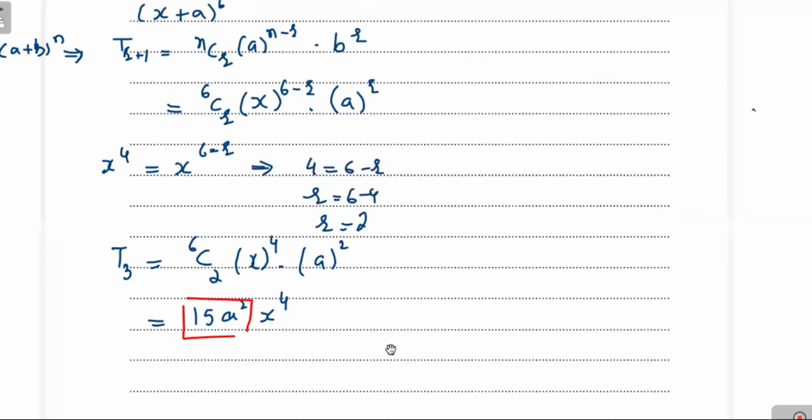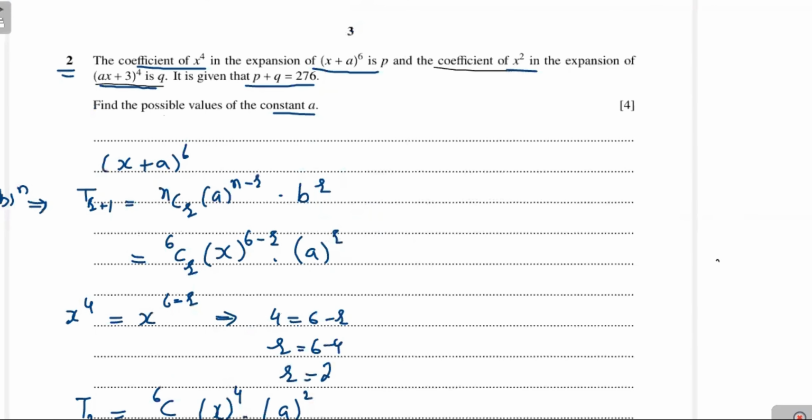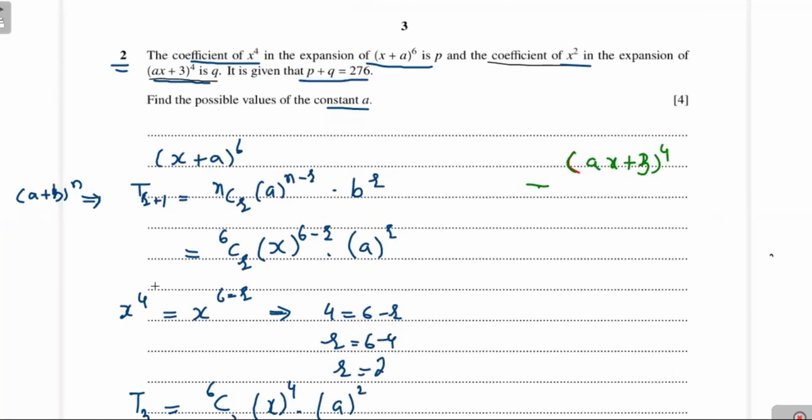Now we find the coefficient of x square for the expansion (ax plus 3) power 4. Now we write here (ax plus 3) power 4. For the coefficient of x square, we use the same formula for the expansion of (a plus b) power n. Here Tr plus 1 equals nCr into a power n minus r b power r.